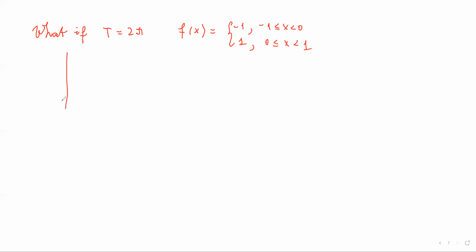I'm going to draw the picture and you're going to see that the period equals 2. It's going to be minus 1 and 1 here. It's x and that's y. So the function is doing something like this and repeating it. So the period is equal to 2. How should we deal with this?